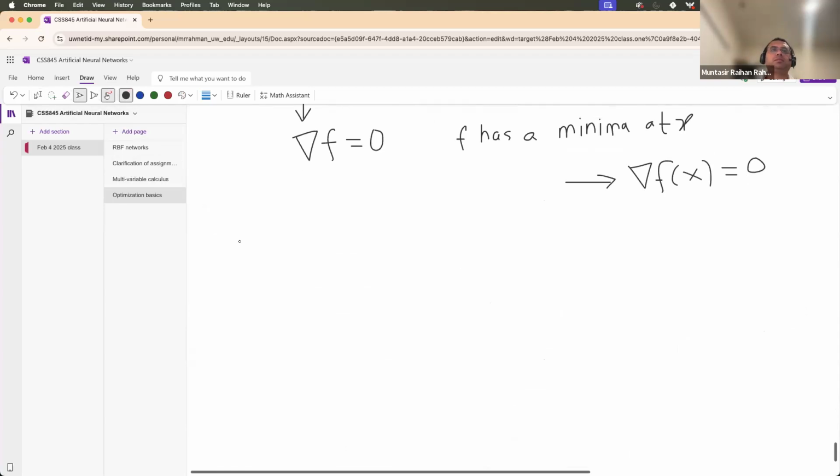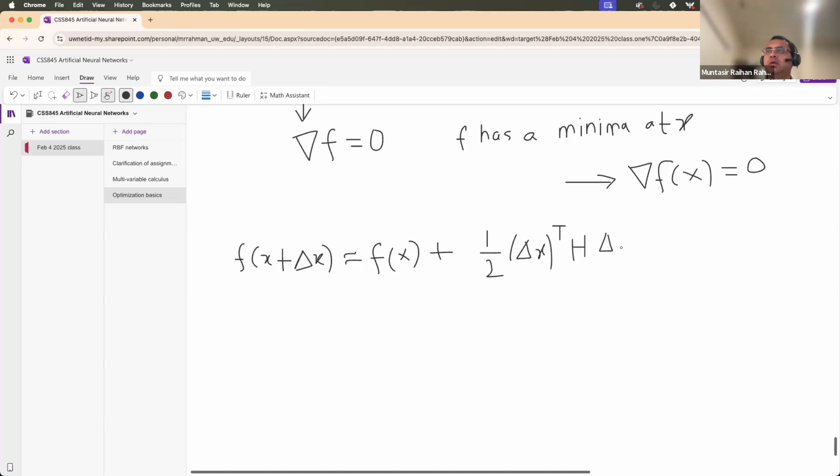So now we have f of x plus delta x is f of x plus one half delta x transpose the Hessian delta x.